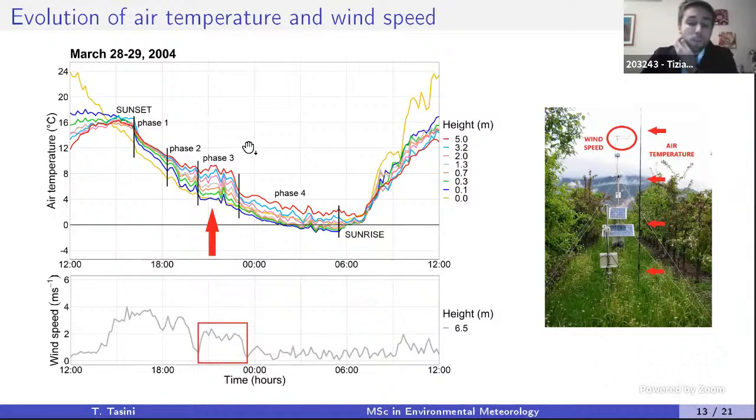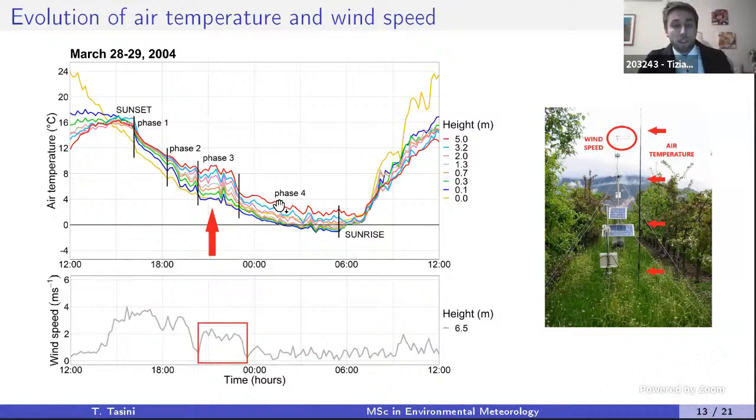This is caused by the Ora del Garda wind in the red box during the evening from southwest that blows up the Lakes Valley and flows into the Adige Valley north of Trento, carrying warmer air. Then at 11 p.m., the Ora del Garda wind stops, and at this point there is a sharp decrease in temperature, in particular at the higher levels.